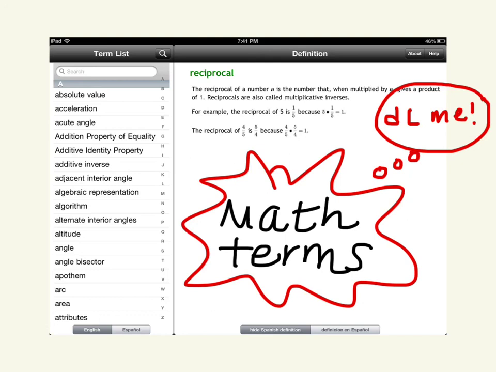They have visuals and different movement things that you can play around with. This one just gives us a flat out definition, and it defines it in the same way as the other website did. So it's showing you that the reciprocal of 5 is 1/5, and it explains why it is what it is. But either way, here's a good reference for you to download. It's called Math Terms. Check it out.